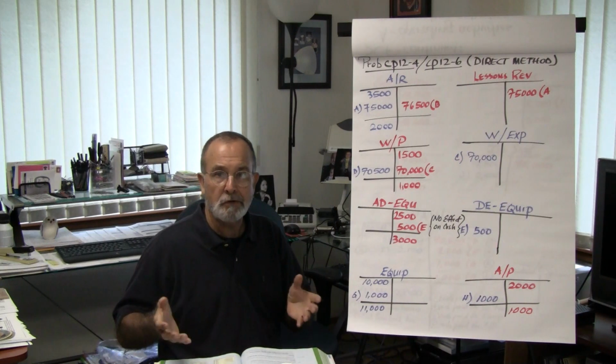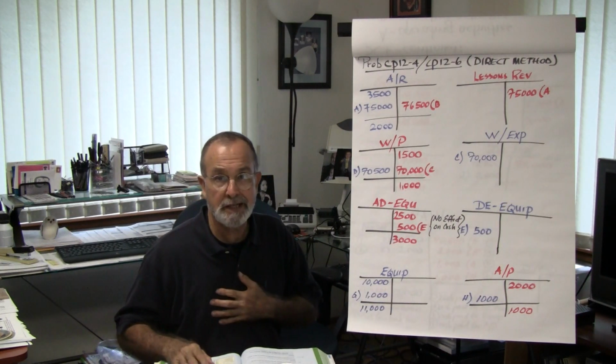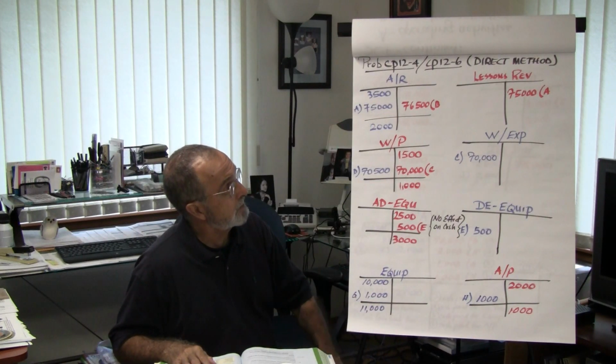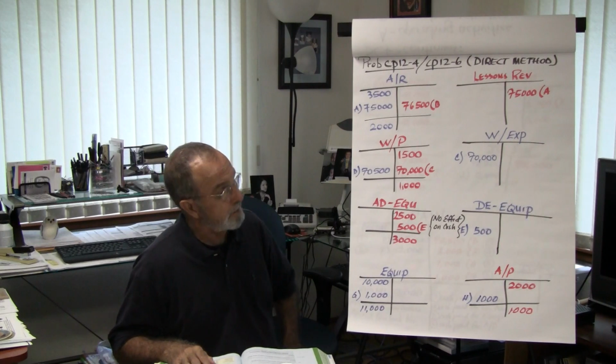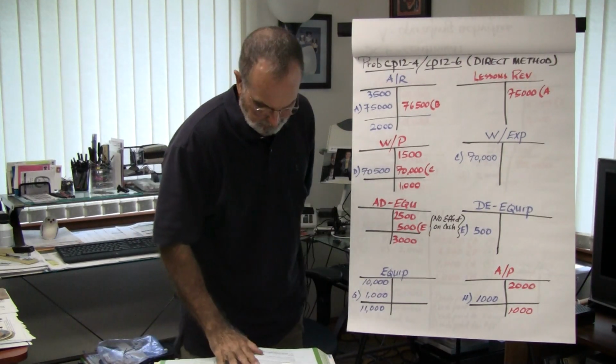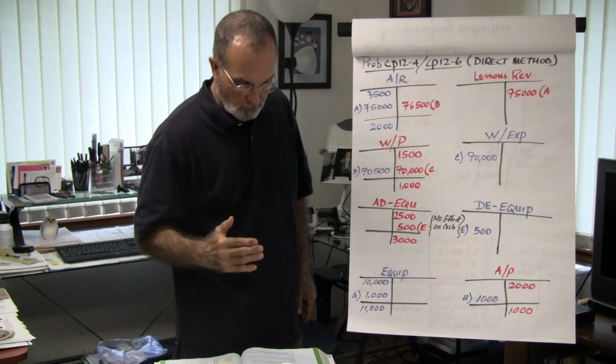But in order to save some time for purposes of putting together this lesson, I've completed the problem. And so hopefully we can run through it, and hopefully it'll make some sense. So we always start at the top and work our way down.